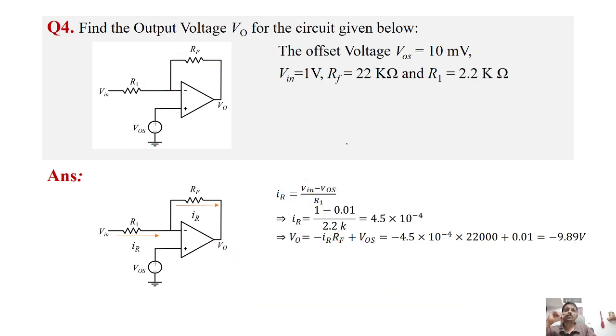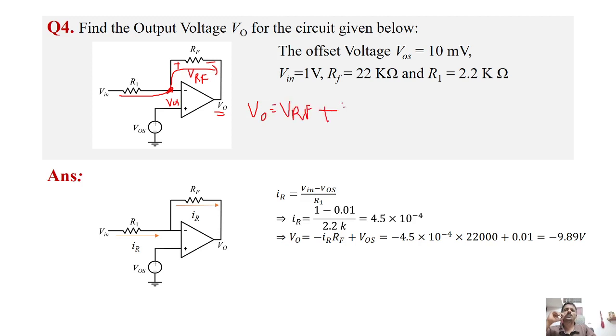So I will once again brief how we did. The requirement is to find V naught, and how will we find V naught? We will find the voltage across RF. Since the current is flowing in this direction, the voltage drop across this will be like this, plus minus. So if the voltage here is VRF, and the voltage at this point is VOS, what is V naught? V naught equals minus VRF plus VOS, since the polarity is just opposite.